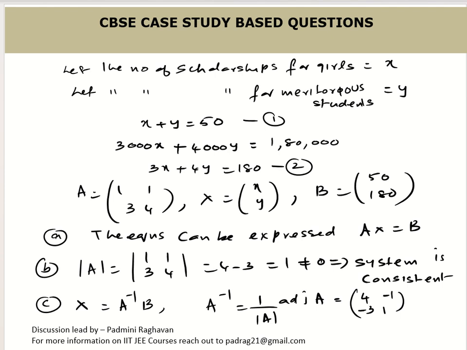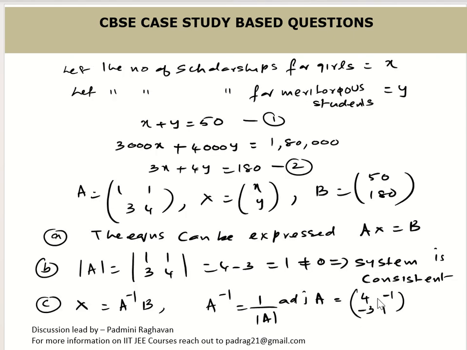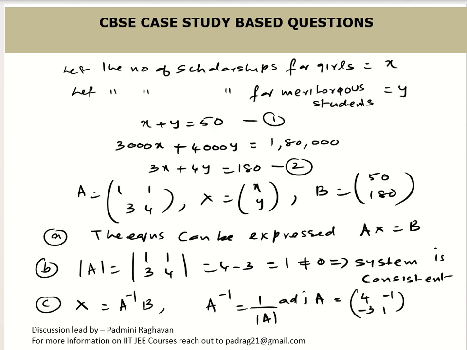So capital X is equal to A inverse into B. My A inverse, I have to pick it up from the previous place: [4, -1; -3, 1]. This is our A inverse. Then our B is nothing but [50; 180].